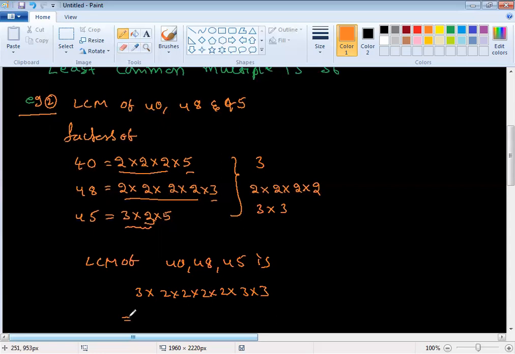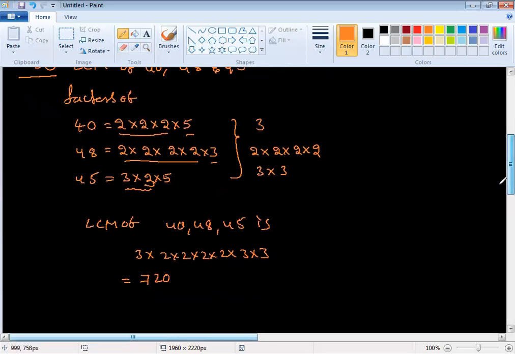So which is equal to 2 2 ja 4, 4 2 ja 8, 8 2 ja 16, 16 3 ja 48, 48 3 ja 144, 144 5 ja 720. So here the LCM is what? 720. 720 is the least common multiple.